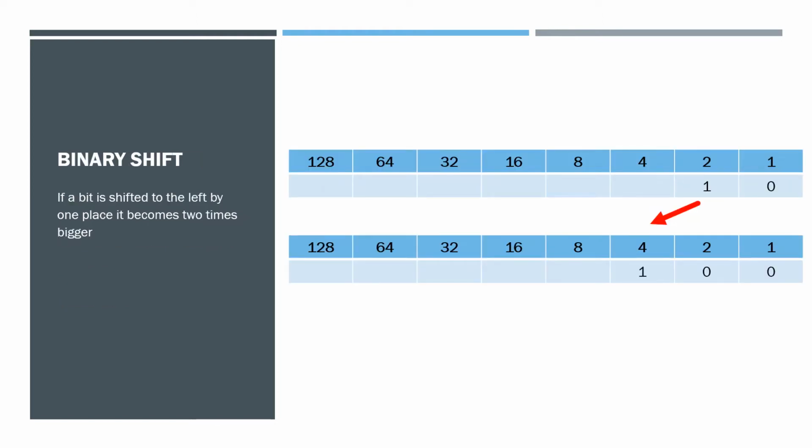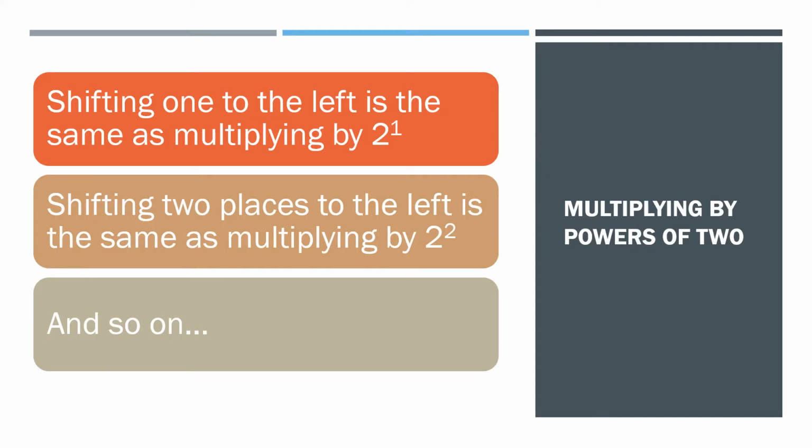Okay, so if a bit is shifted to the left by 1, it becomes 2 times bigger. So if a bit is shifted from the 2's column to the 4's column, it doubles in value. So shifting 1 to the left is the same as multiplying by 2 to the power 1, or multiplying by 2.